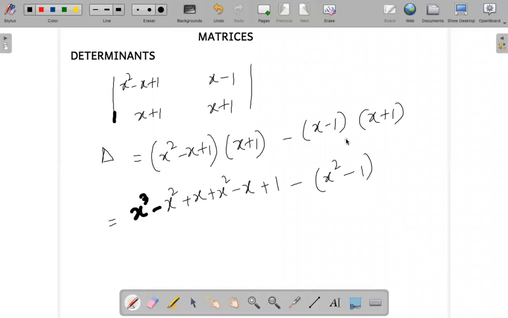You can cancel out these terms. So the final answer will be x cube minus x square, plus 1 and plus 1. So this will be the determinant of the given problem.